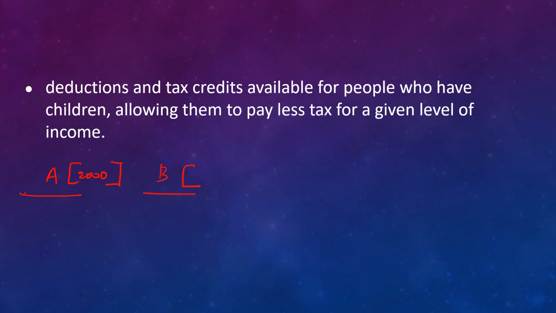A is getting 2000 rupees and B is also getting 2000 rupees. Let's come to the background of A. A has 6 children and B has 2 children.